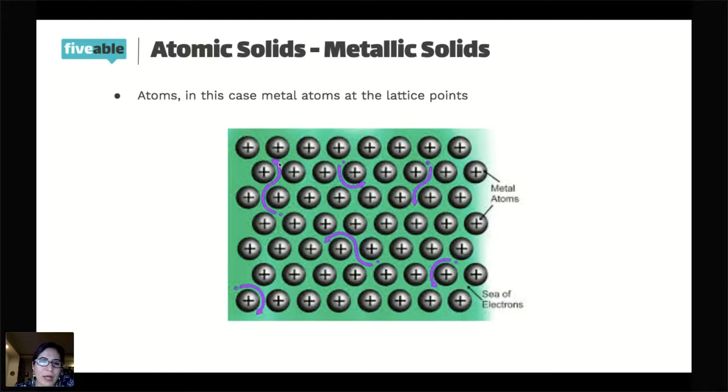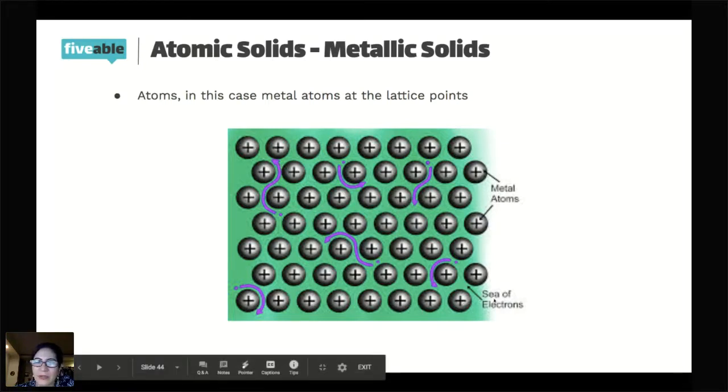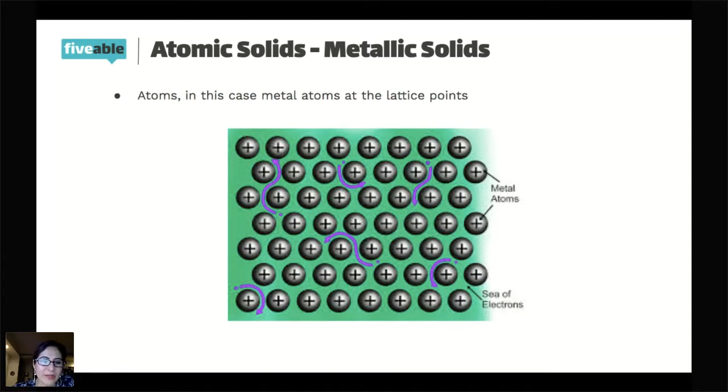So this model right here is called the model of the sea of electrons. What it wants to explain here is that the valence electrons of the metal atoms are not bound to the nucleus. They are loose, they are shared among all the cations.